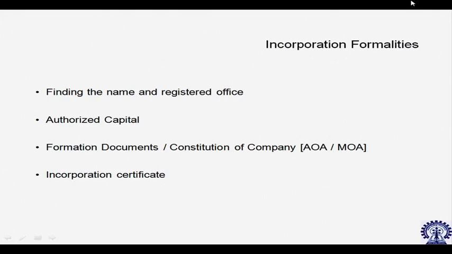Again, in the case of a public limited company, you need to find out the name, registered office, you need to talk about the authorized capital, then the constitution and the formation documents of a public limited company, and then the incorporation certificate. Now, these provisions are almost the same as for a private limited company. So, I am just avoiding repeating this with you.